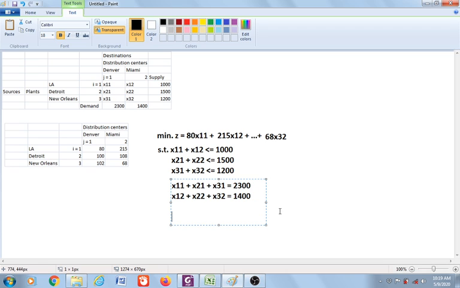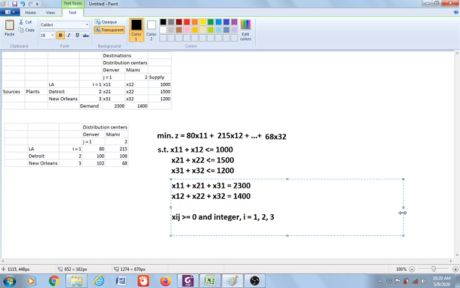And the last constraint is the non-negative constraint: xij must be positive and integer, where we have 3 i's, 1, 2, and 3, and we have 2 j's, with j equal to 1 and 2.